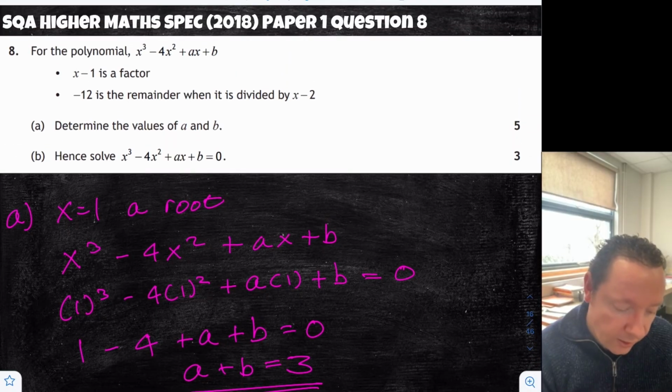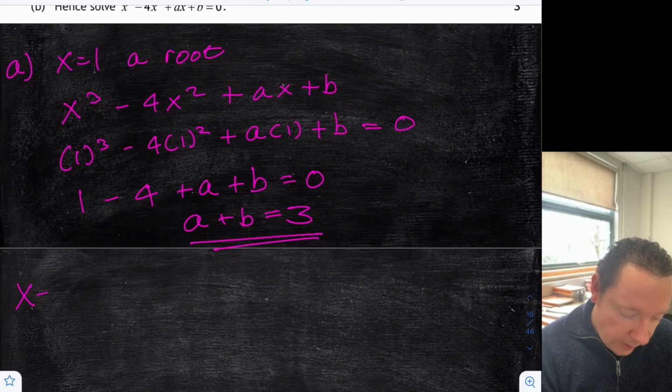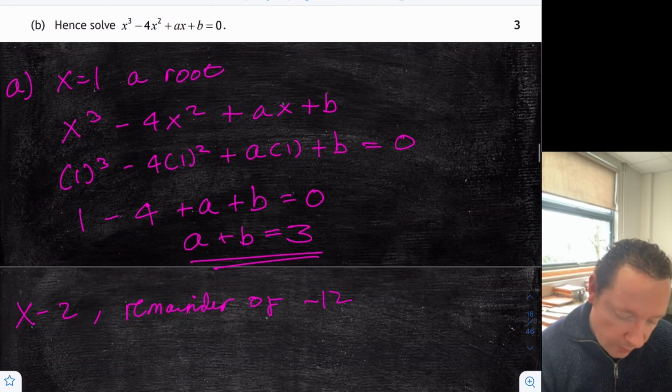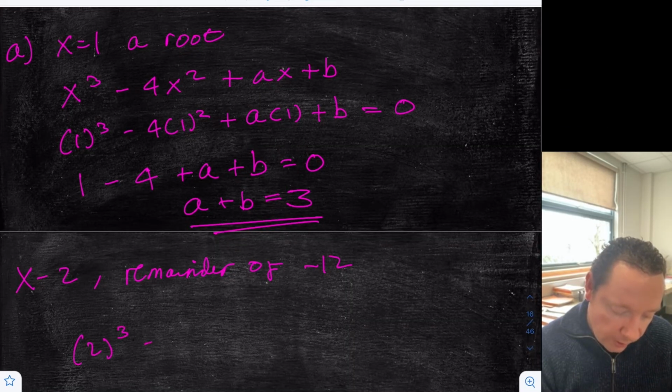The other thing is minus 12 is the remainder when divided by x minus 2. So x minus 2 gives a remainder of minus 12. So I get 2 cubed minus 4 times 2 squared plus a times 2 plus b. But now the answer is minus 12 instead of 0.